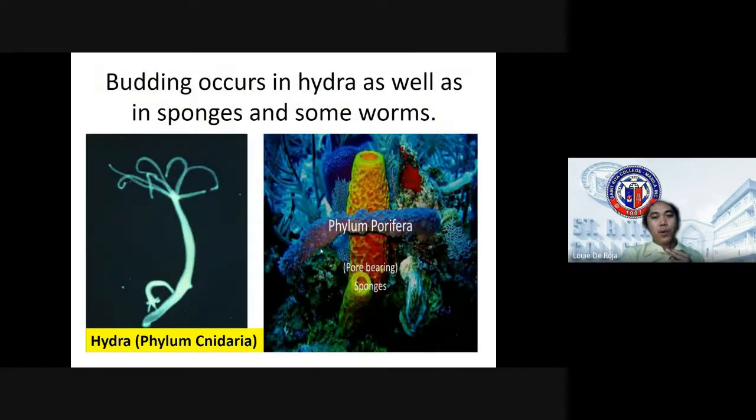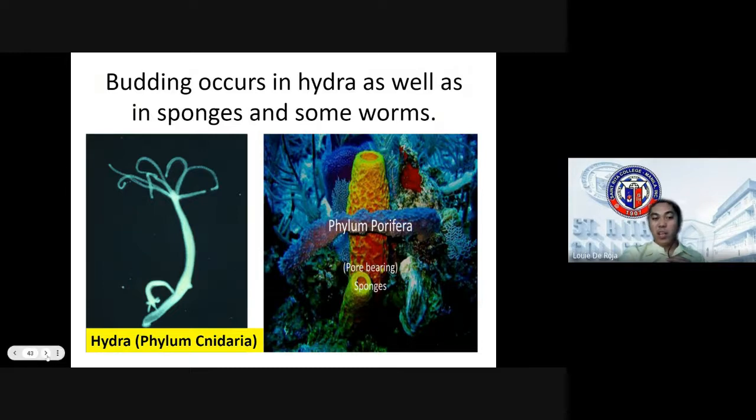For example, yung phylum Cnidaria or yung Hydra, ito yung microscopic animal na kung saan asexual reproduction yung ginagamit niya. Kung saan may tutubong bud at itong bud ay lalago at magiging panibagong organism na. Budding occurs in Hydra as well as in sponges and some worms.